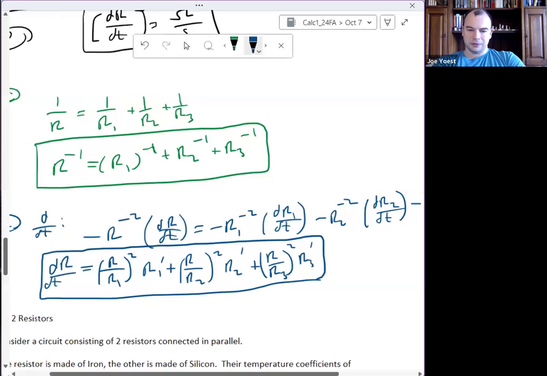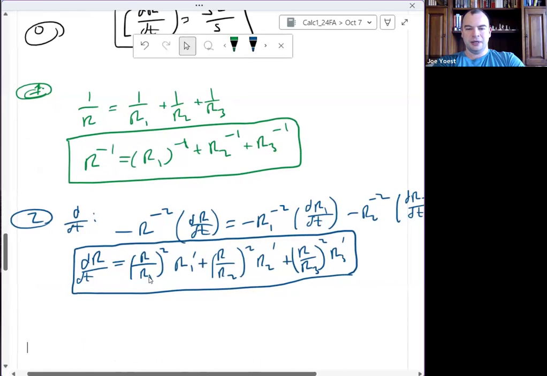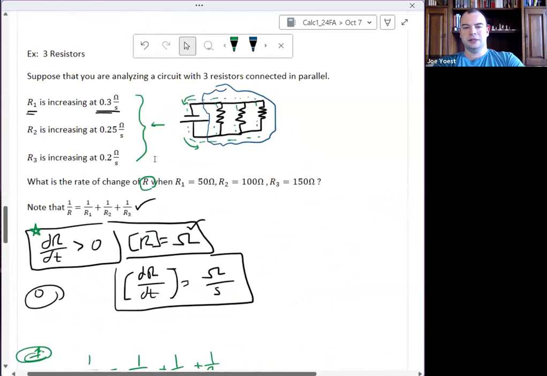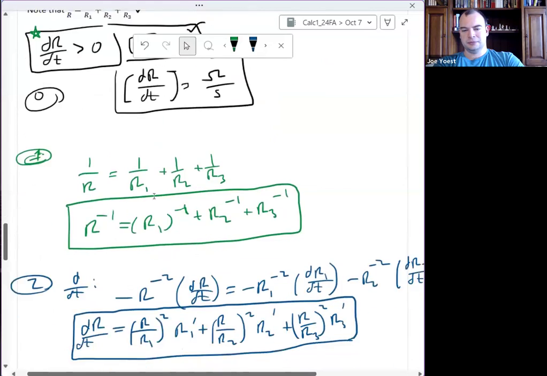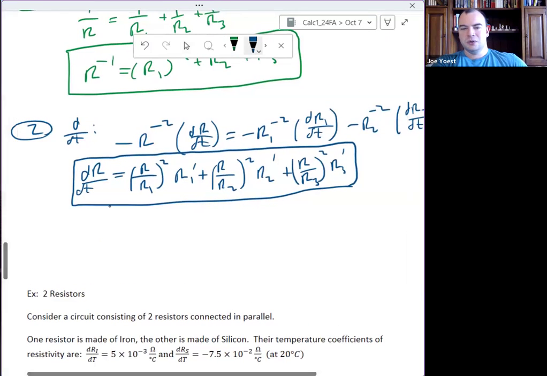I note that my rates are related. I have R prime related to R1 prime, R2 prime, and R3 prime. This relationship is also implicitly dependent on time through the presence of R, R1, R2, and R3, which are changing over time. They start out at these numbers, but over time they are changing. Do I get the right units here? Well, R and R1 have the same unit, same with the second and third terms.